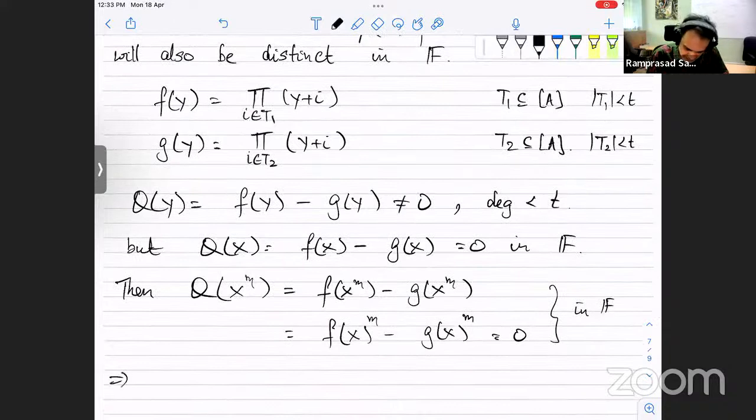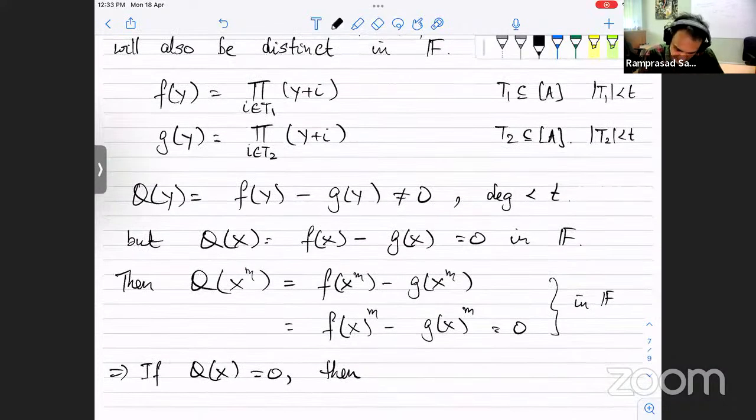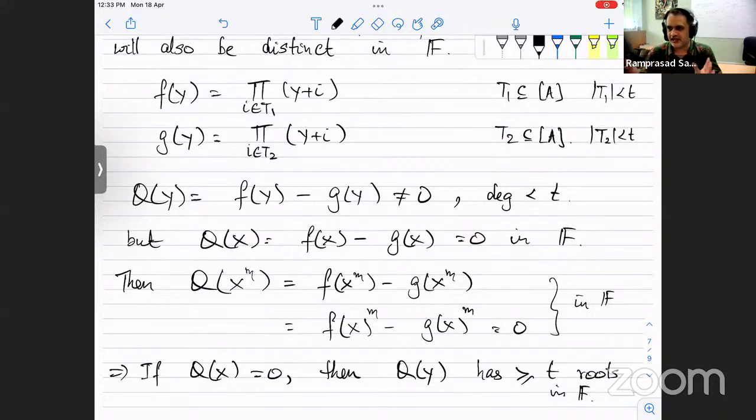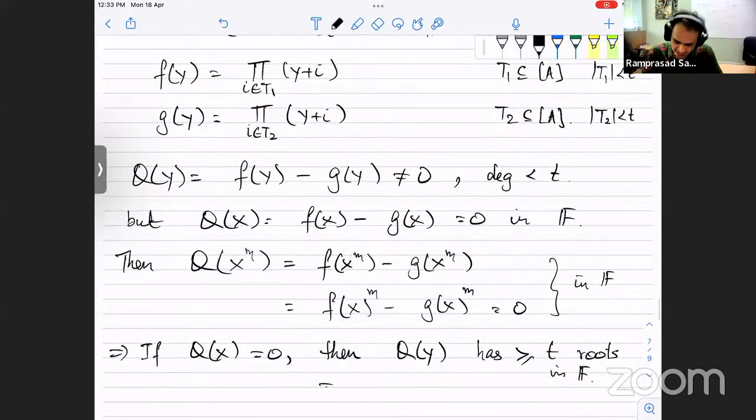So this implies that if q of x is equal to 0, then the polynomial q of y has at least t roots. Right, for every choice of x power m where m is coming from this group G will happen to be a root, and this is a contradiction.